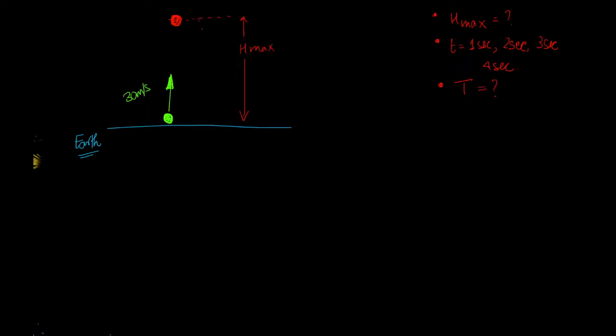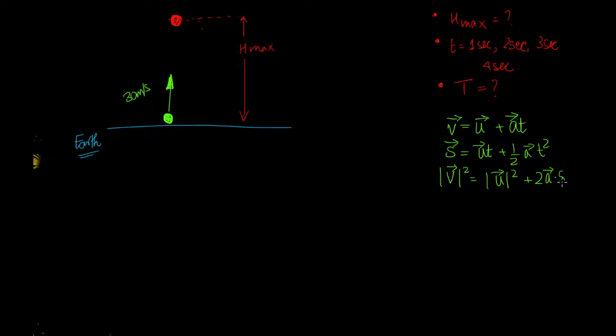Alright, so like always, we need to set our coordinate system and we need to have our equations of motion at our fingertips. The equations of motion are v equals u plus at, s equals ut plus half at squared, and the last one is, well, modulus v squared equals modulus u squared plus 2a dot s.